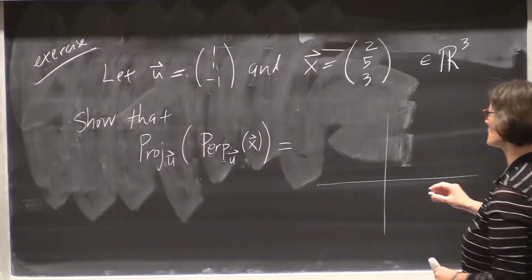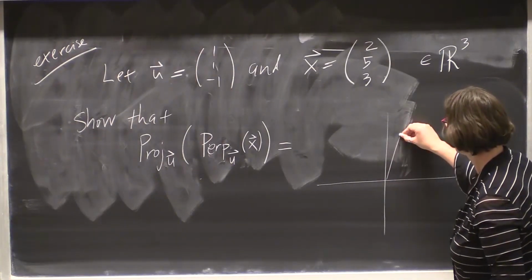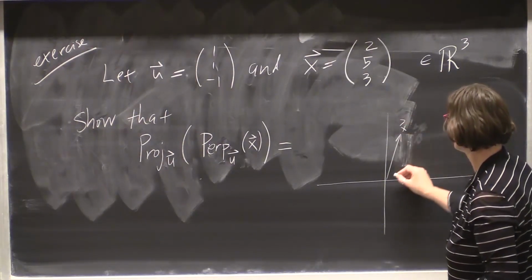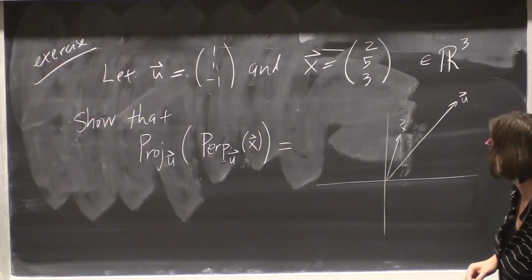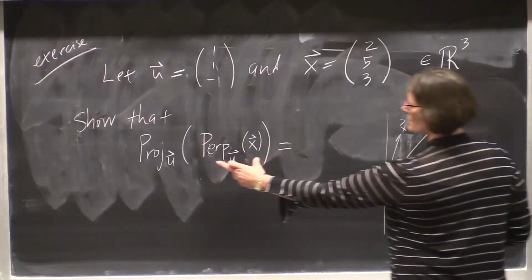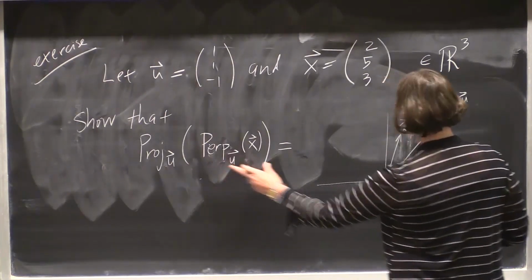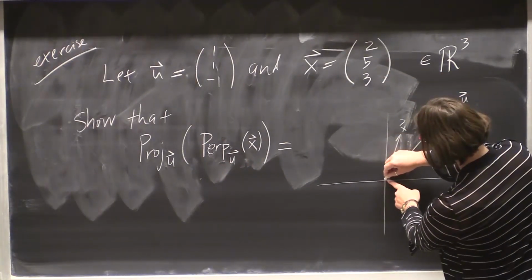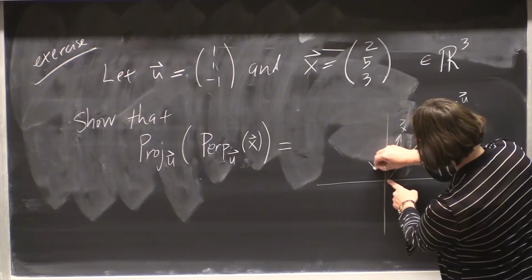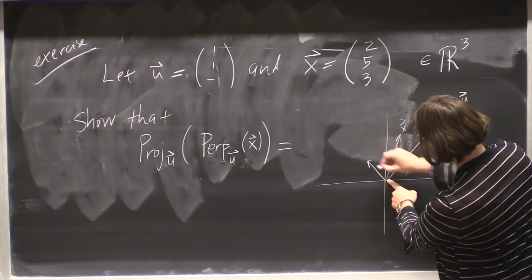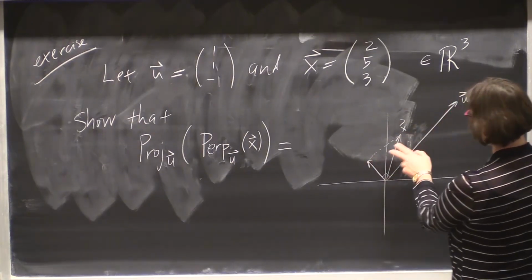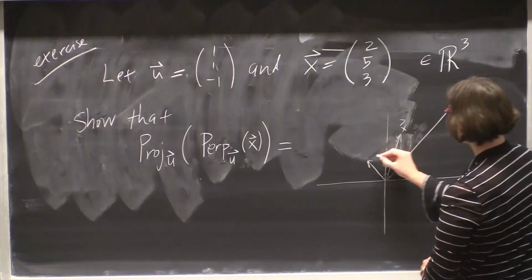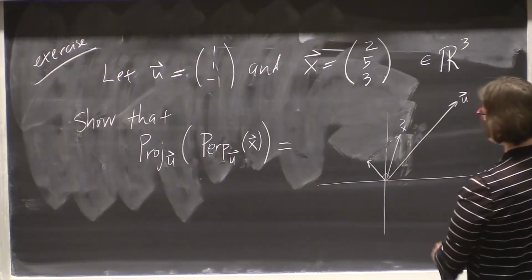I'll do this in 2 dimensions. Here is x, here is u. The first thing I compute is the projection perpendicular to u. So that is this vector here, and that's a right angle.